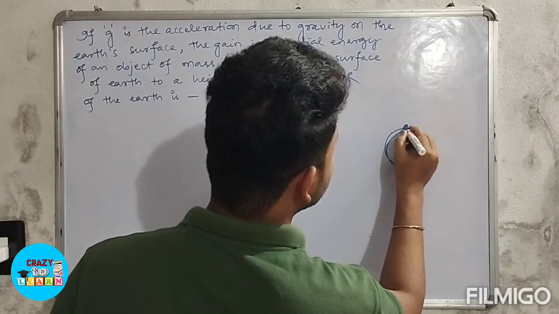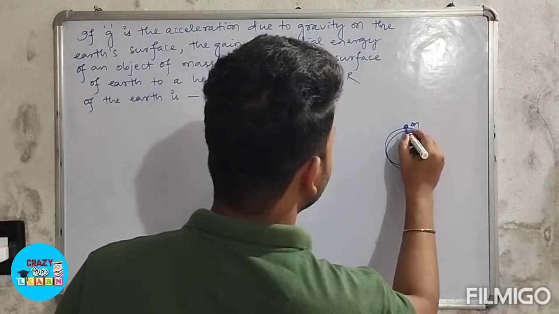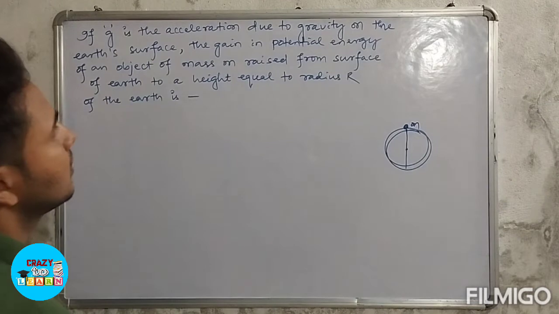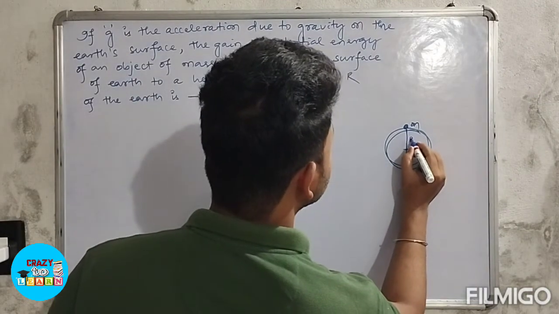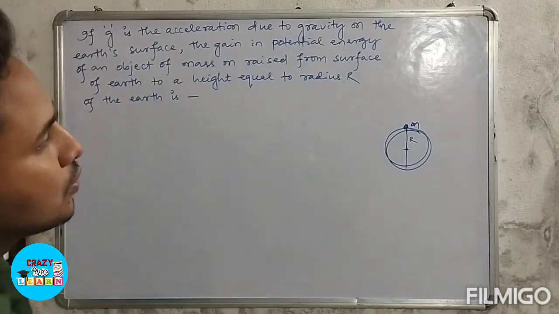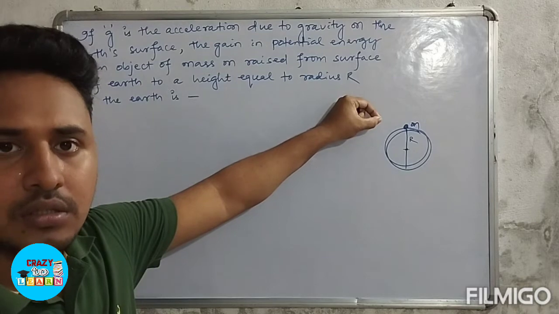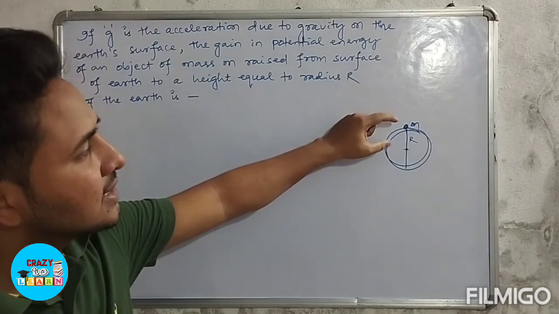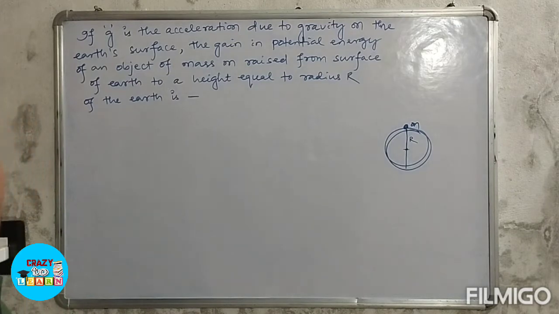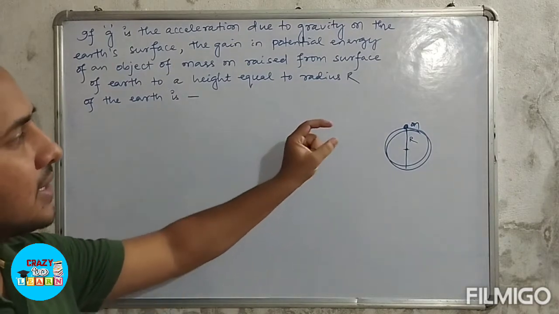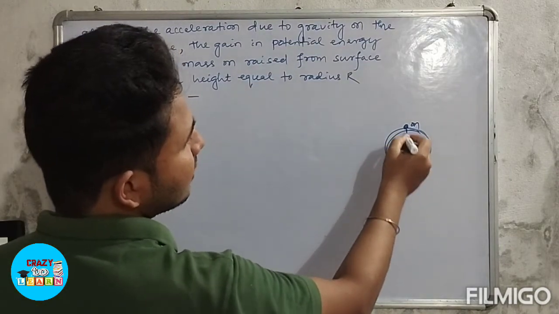Let us think that a mass small m is here. This is the center of the earth and this is the radius of the earth. So when the mass small m is on the surface of the earth, what is the distance between the center of the earth and the object?